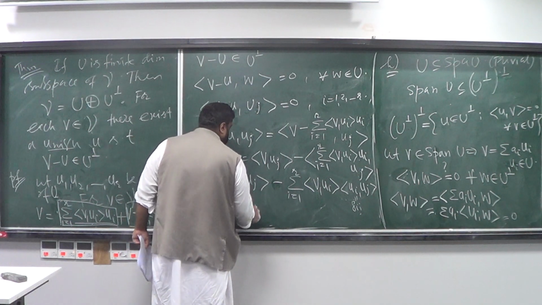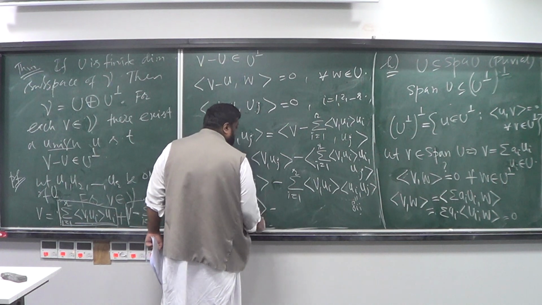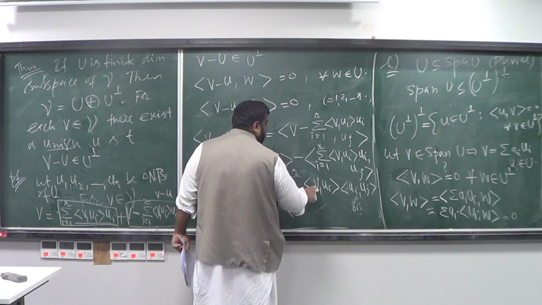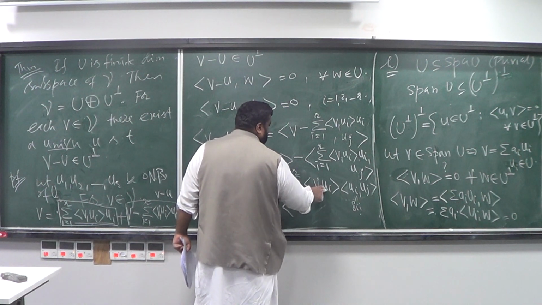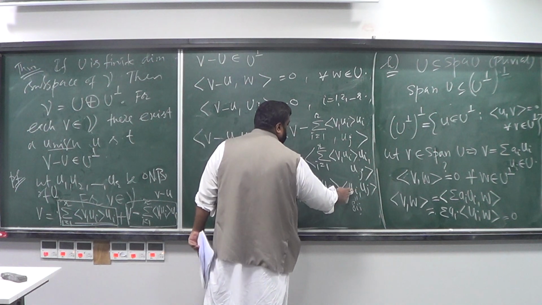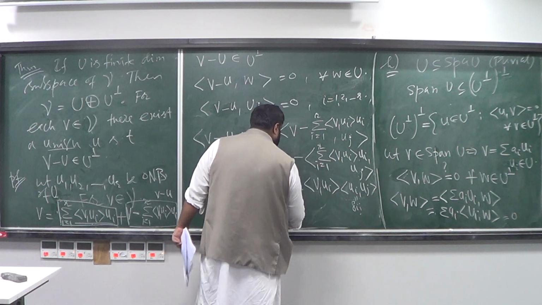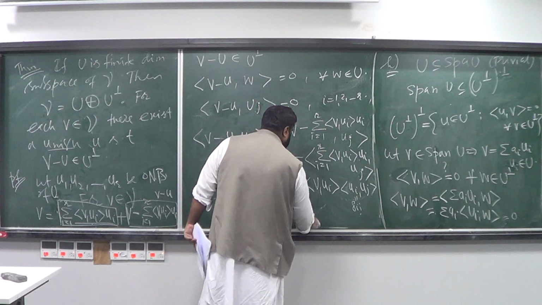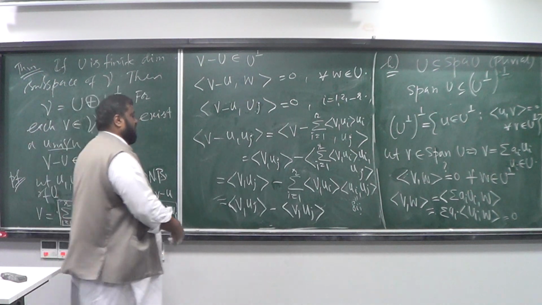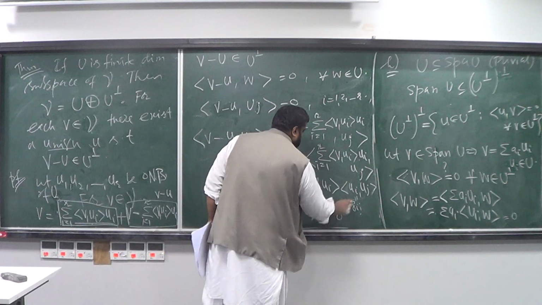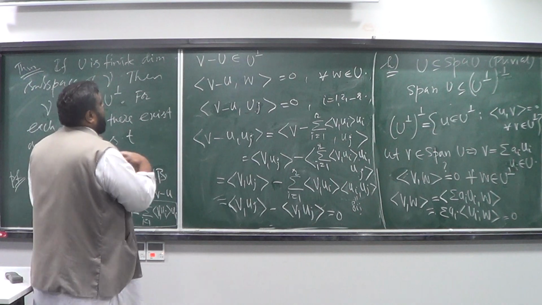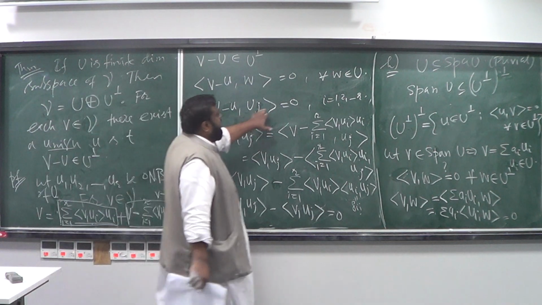So (V, u_j) minus (V, u_j) times the inner product of u_j with u_j, which is 1. So this is (V, u_j). Then (V, u_j) minus (V, u_j) is equal to 0. So what does this show? This shows that V minus U is orthogonal to the basis of U.